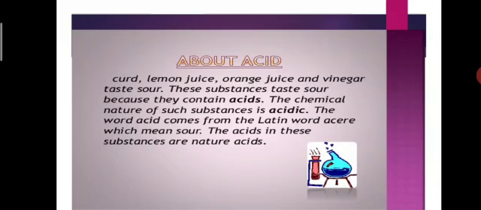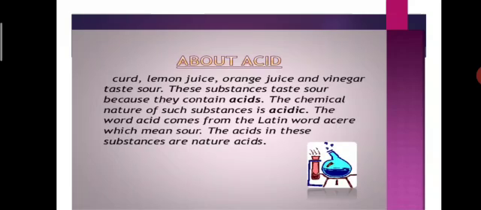And where does the word acid come from? The word acid comes from the Latin word acere, which means sour. So remember that the word acid comes from the Latin word acere, and its meaning is sour. The acids in these substances are natural acids.